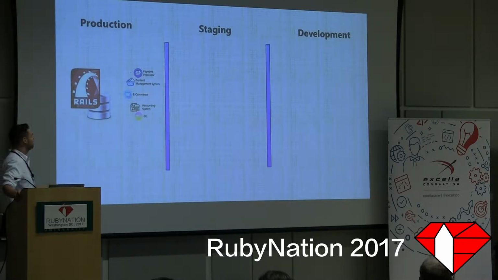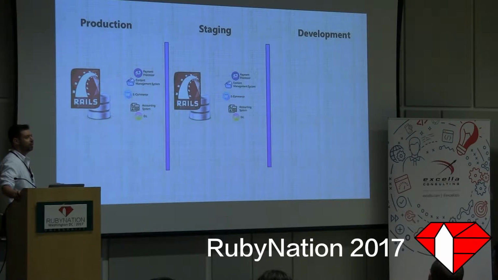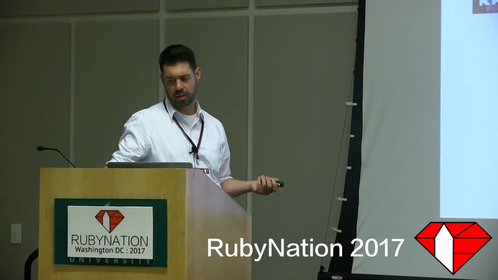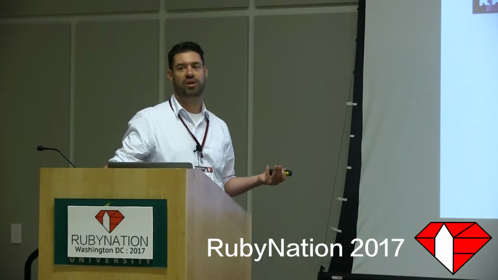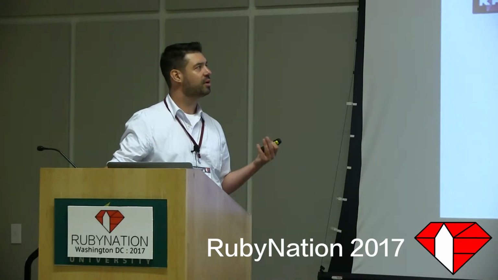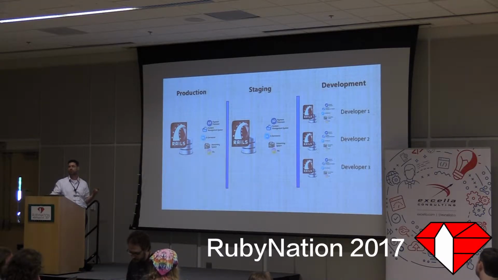So why would we want production data in, let's say, our staging environment or our development environment? Let's say we're building new functionality, and we want to have this historical data that would help us build out new reports or new workflow.